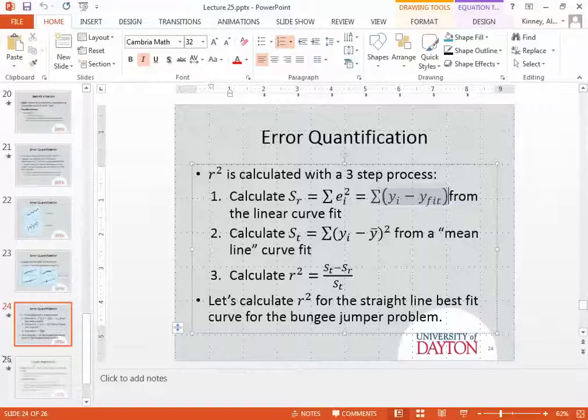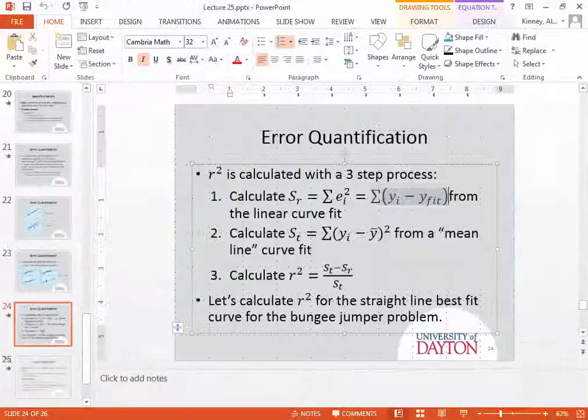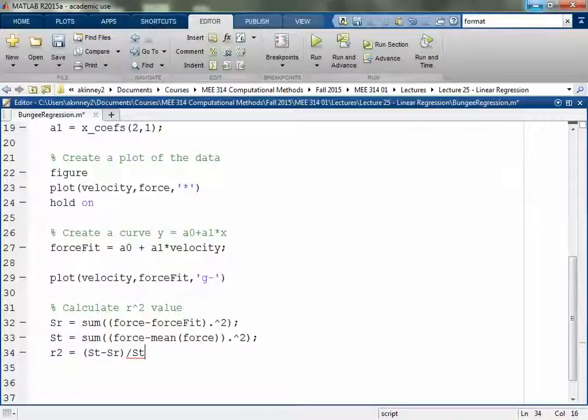So we need to take ST minus SR and divide by our ST. Any questions about that? All right, let's run this real quick and see what we get for our R squared value.